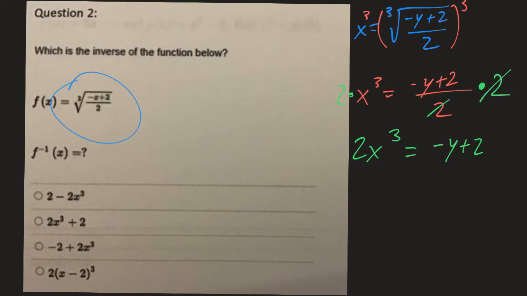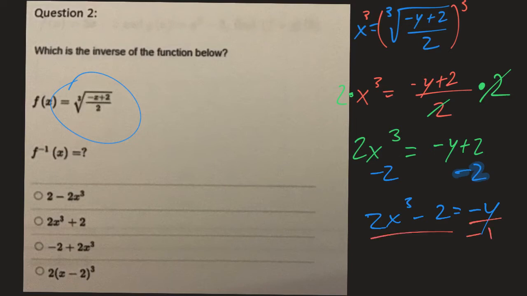And if we keep following this through, next thing, let's subtract 2. And by subtracting 2 here, we're going to have negative y by itself. And of course, we don't want to leave it as negative y, we want positive y.